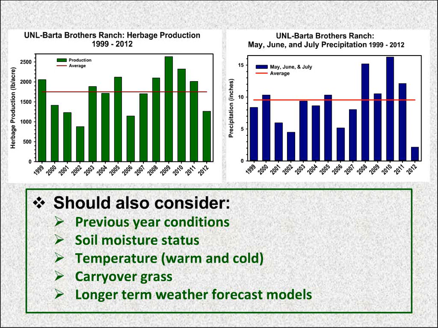One of the things we saw in a lot of areas last year was because of those previous wet years in 2011 and 10, there was very good pasture production, and that really helped out a lot of ranchers last year in 2012.